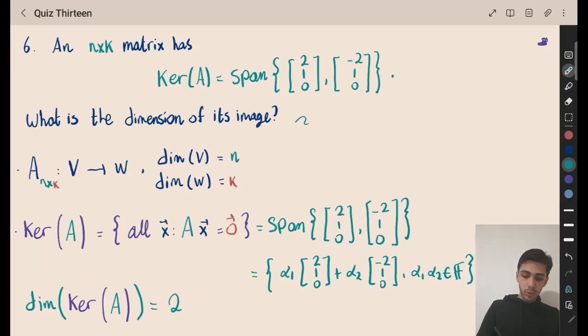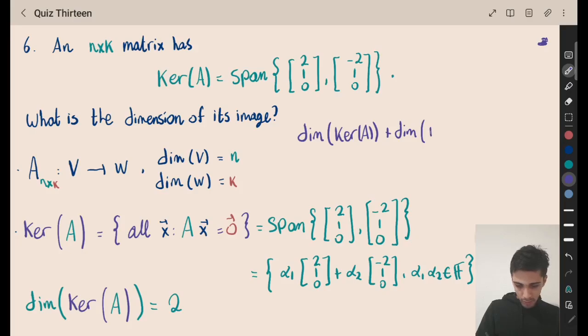I think this is very intuitive. When I say, dimension of the kernel of A plus the dimension of the image of A is equal to k.